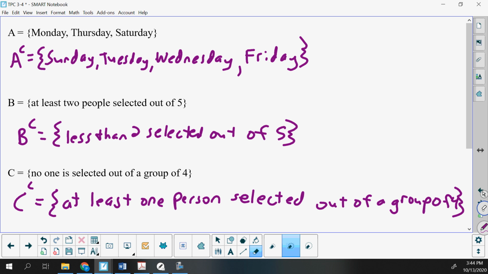Or you could say something like 1, 2, 3, or 4 people selected out of a group of 4. That would mean the same thing. So there's more than one way that you could notate it, but we need to somehow give an explanation of how it could be the opposite of being no one.